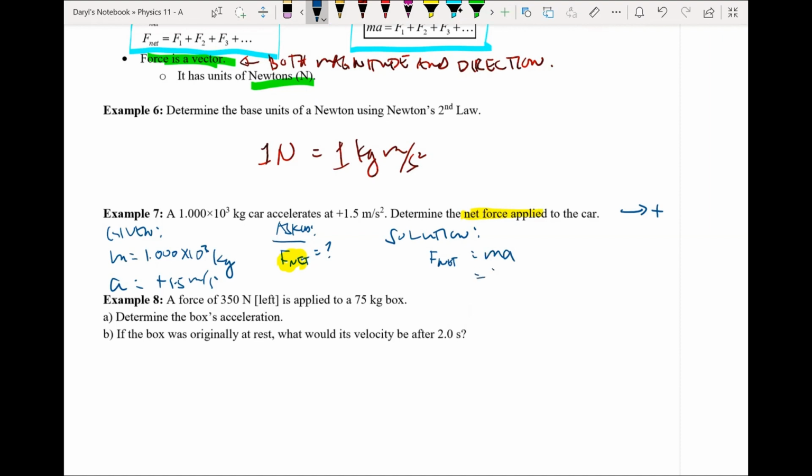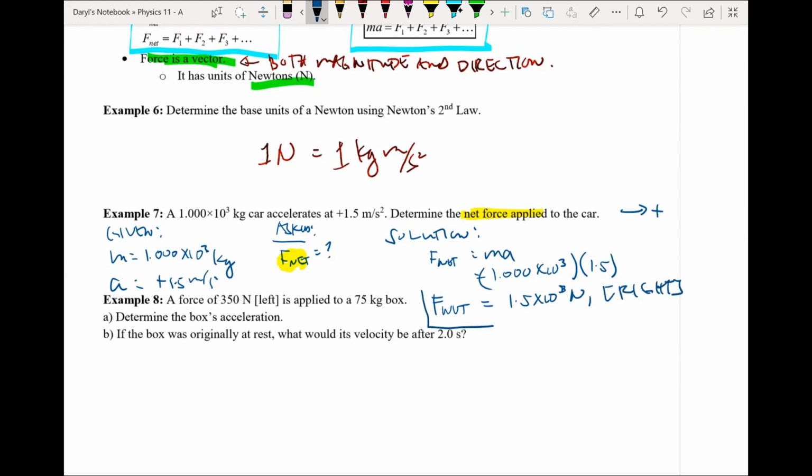Substitute your mass, 1.00 times 10 to the power of 3, multiplied by 1.5. This gives you an answer of 1.5 times 10 to the power of 3 Newtons to the right.